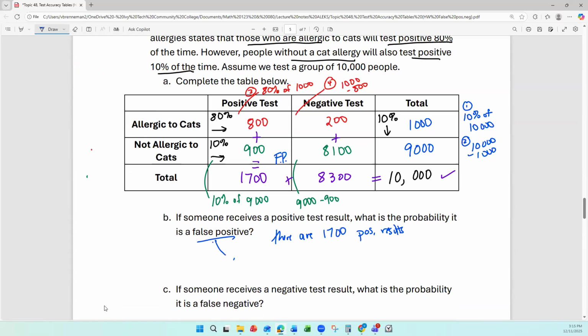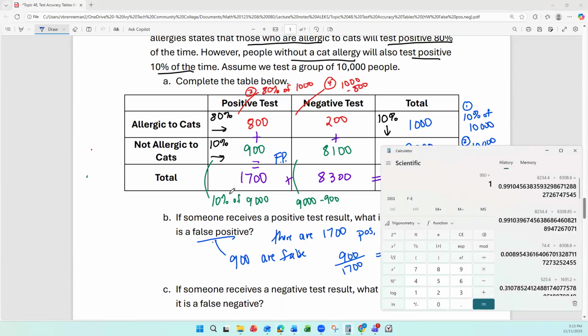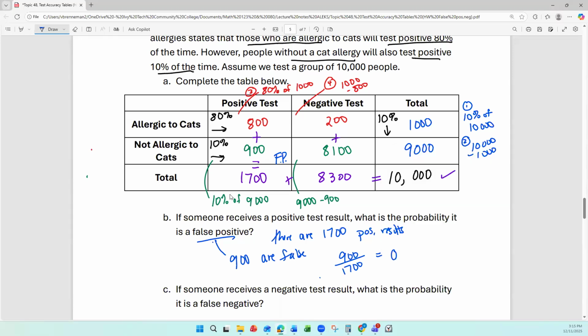So that's 900 that are false. So 900 over 1,700. What is that? 0.53.